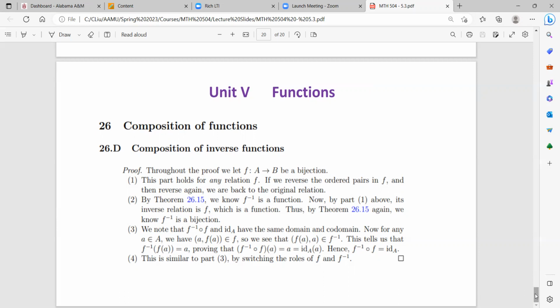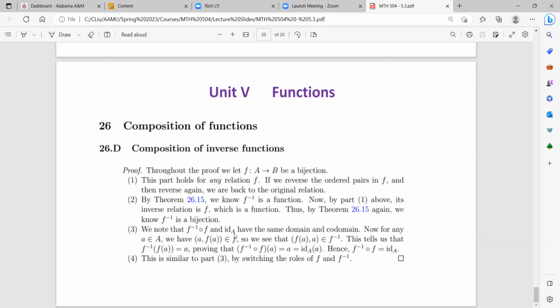The third and the fourth properties are pretty easy, so just make sure you get the right domain and codomain. f inverse composed with f is from A to A, because f is from A to B, and then you do f inverse, which goes from B back to A. So f inverse composed with f is from A to A. So that's the same domain and codomain as ID_A, right? The identity function is from one set to itself.